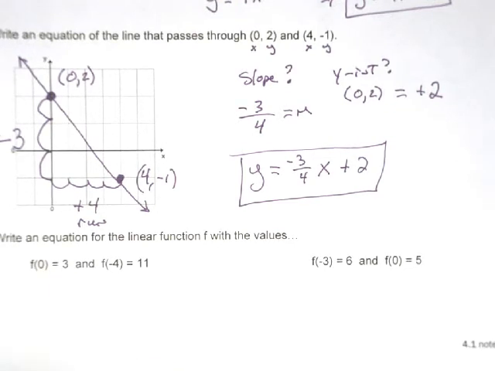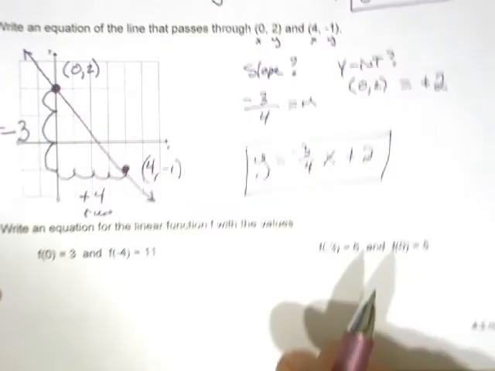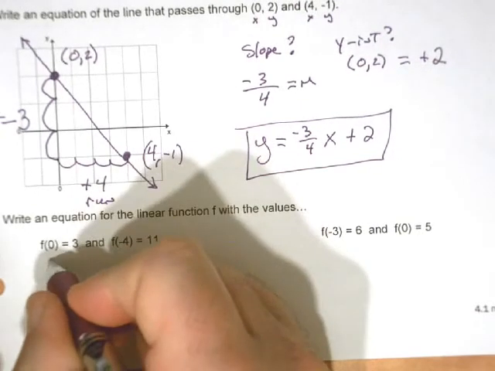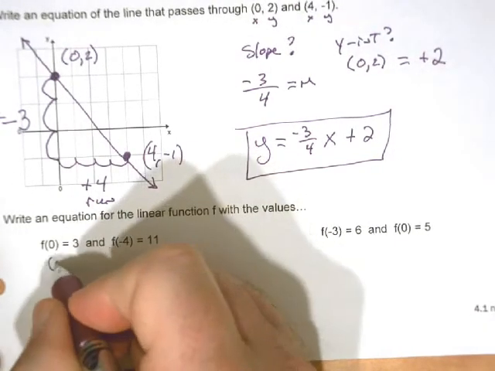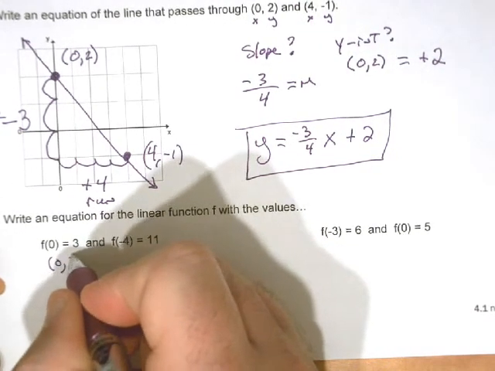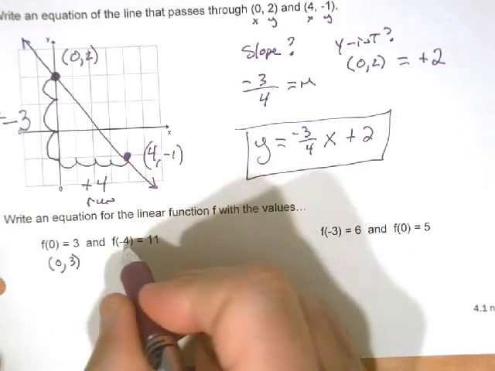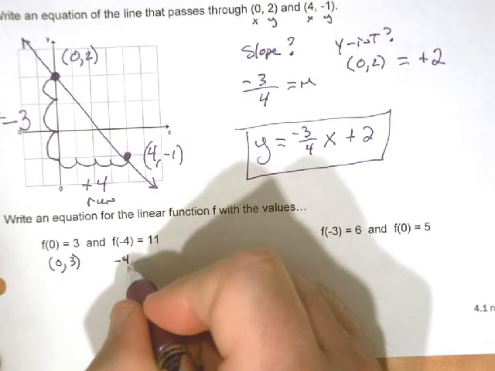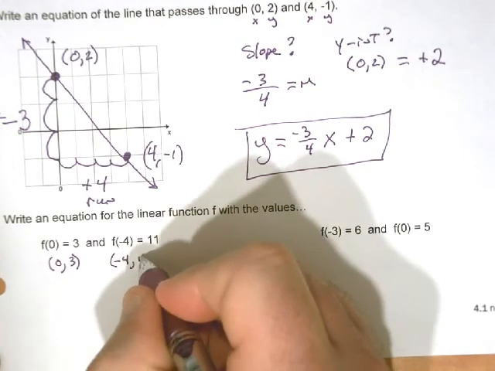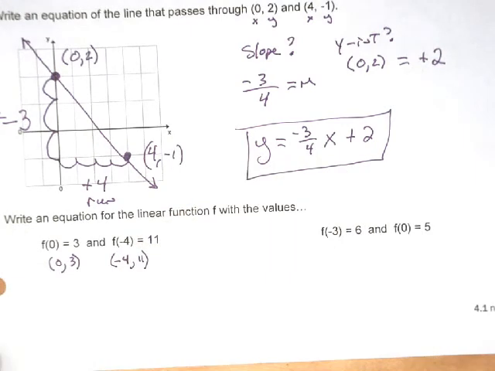So this is like our x. What do we plug in for our x? And that is our y answer. So just a different format, but we're still pulling the information from that. So my x information is 0, my y information is 3. Here's my other information. -4 is my x, and it comes out to a y answer of 11. So just changing it from a function into 2 coordinates.